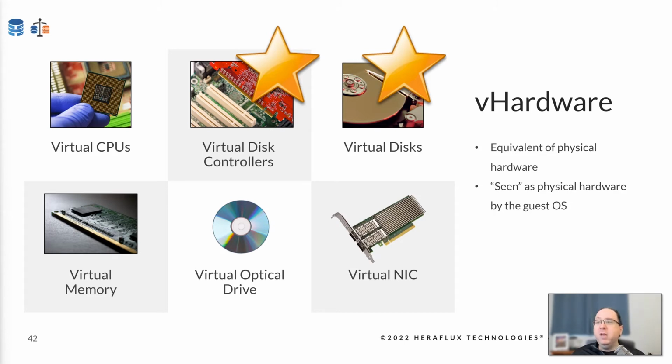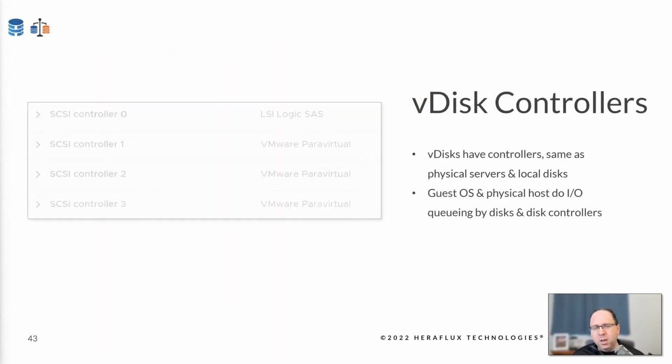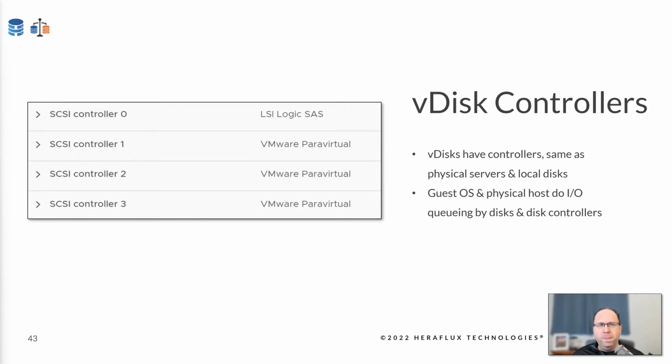There's virtual CD drives. I can do a virtual floppy drive if I want to. But then there are virtual disks and disk controllers. Those are highlighted here because they're really critical for storage. And then there are virtual machine NICs, and if you're doing in-guest iSCSI or NFS or SMB, you've got to pay a lot of attention to those as well. We're going to start with the disk controller.